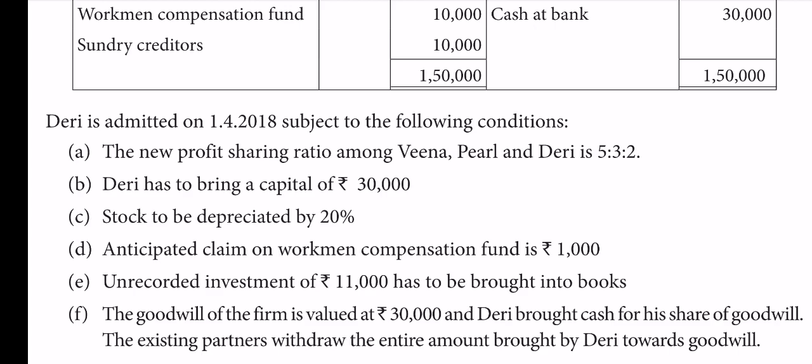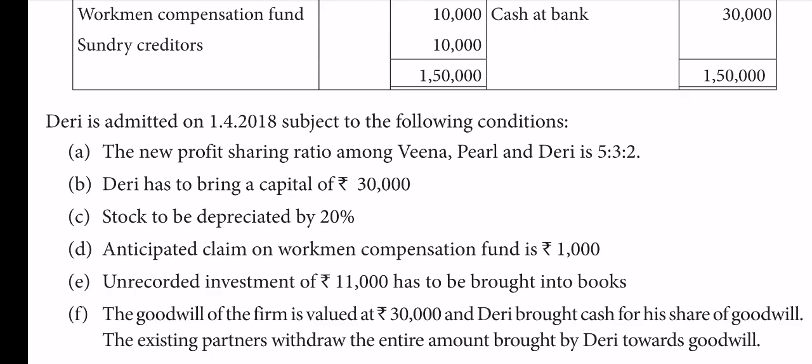If anything is brought in by the new partner, that is to be shared in the sacrificing ratio compulsorily, right? Because the new ratio is given now, it is understood. Keep in mind we have to calculate the sacrificing ratio also, and the formula, as you know well, is old ratio minus new ratio.